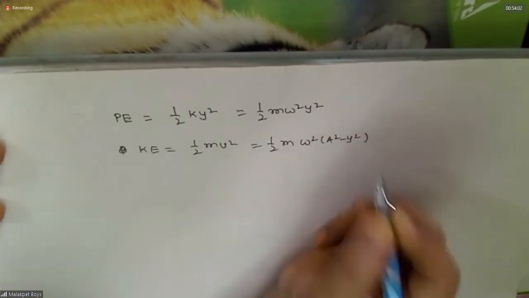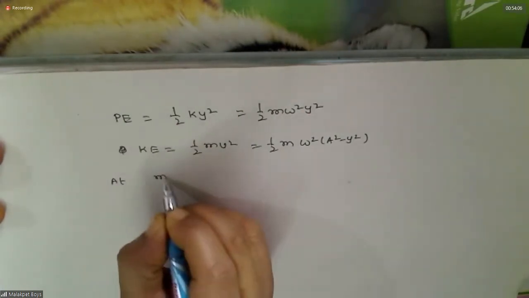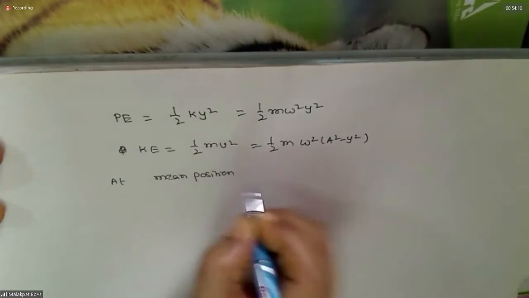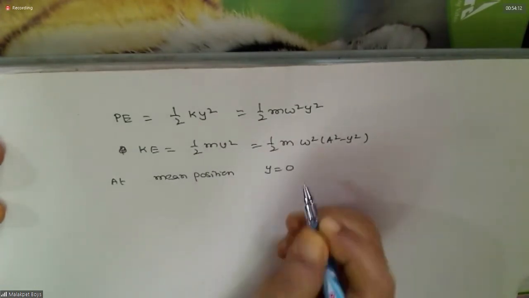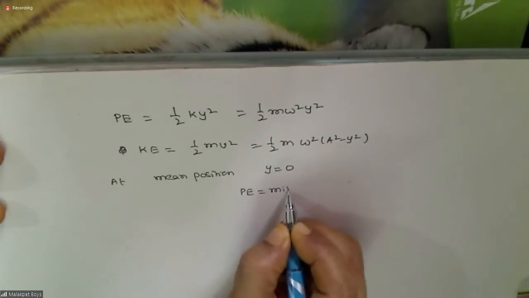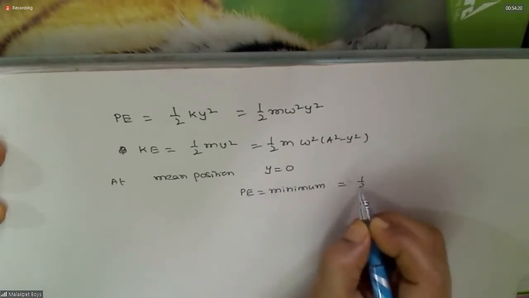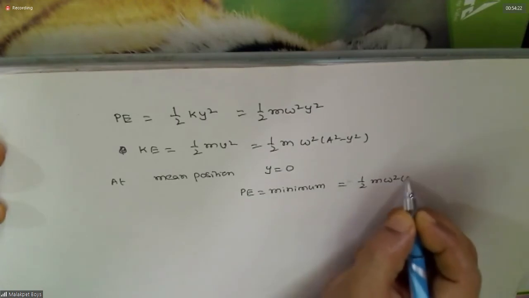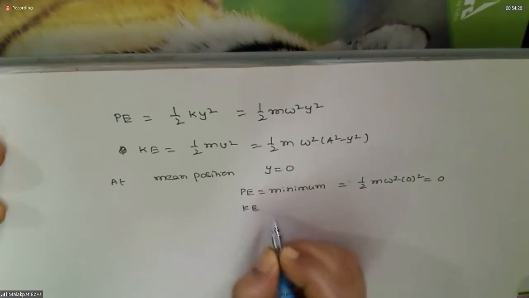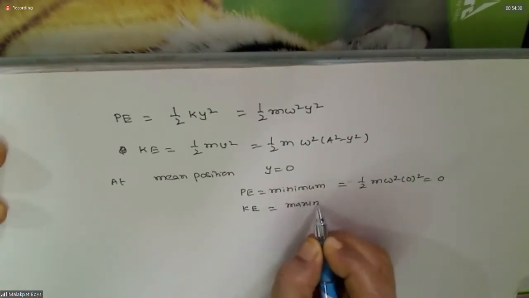Yes, square minus ratio. Now at mean position, y is 0. So P is minimum, no? Yes, sir. Minimum 0. K is maximum.